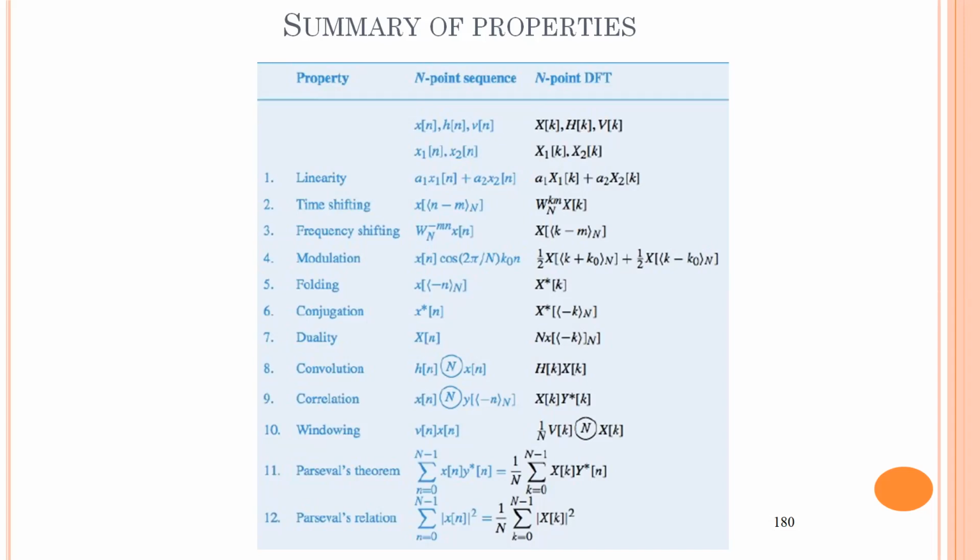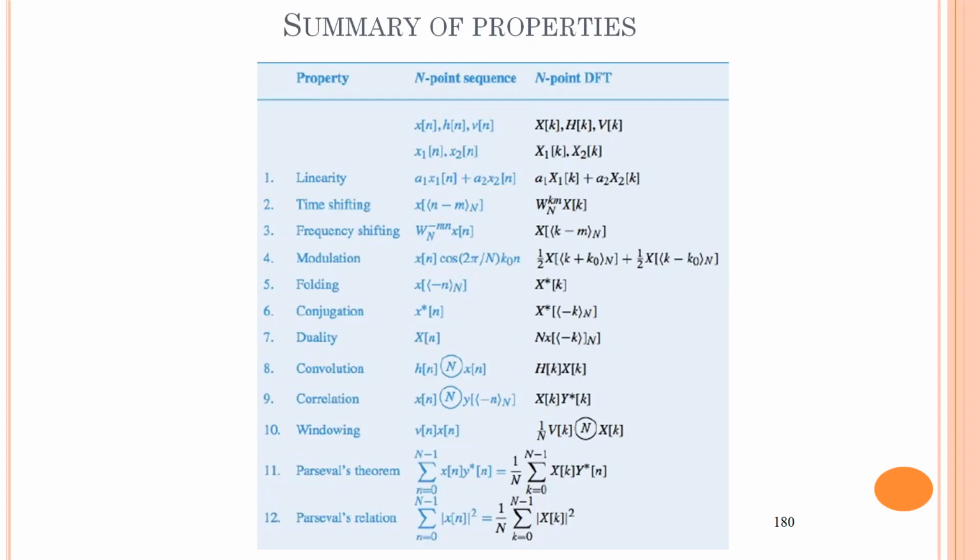Next, frequency shifting: in the time domain you are multiplying with omega N minus mk, so in the frequency domain it is shifted by m units, that is X of k minus m. And the modulation: here x of n is multiplied by cos of something, so in the frequency domain definitely it will be shifted. Then the folding property, conjugation property, duality property, convolution property.